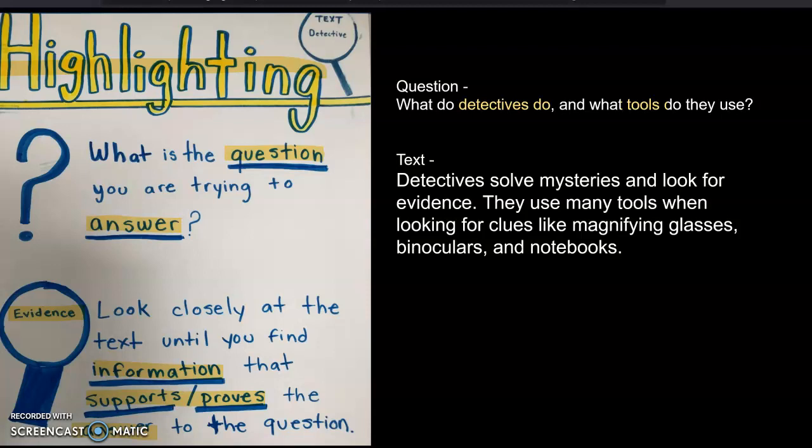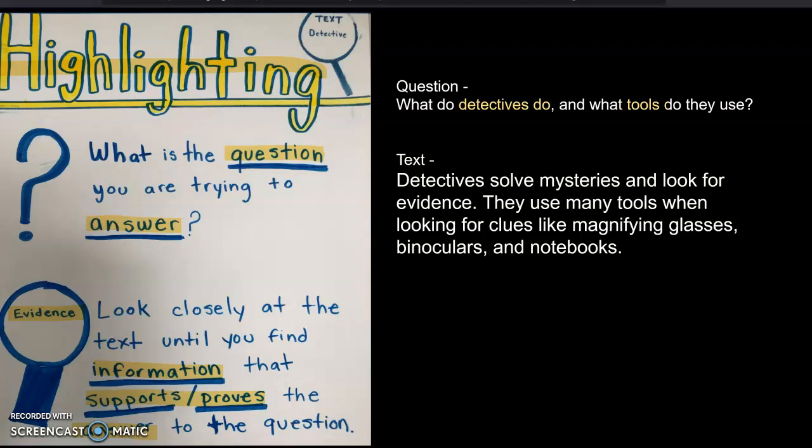Notice that I've highlighted the important parts of the question. In the text below, we're going to look for the information that answers the question above. The first part is, what do detectives do? The second is, what tools do they use? Let's see if we can find that in the text below.